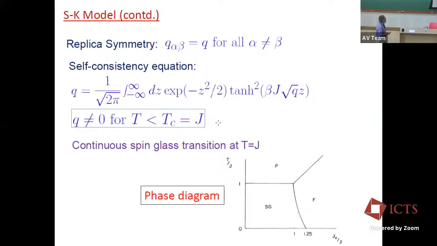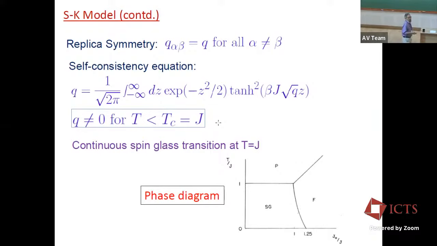The second one will give you z squared multiplied by q, which gives something non-zero, actually unity, because you're doing an integration with e to the minus z squared over 2. So on the right hand side, the first term will be proportional to q. There will be higher order terms, fourth order terms and things like that. So this is the standard Landau expansion.